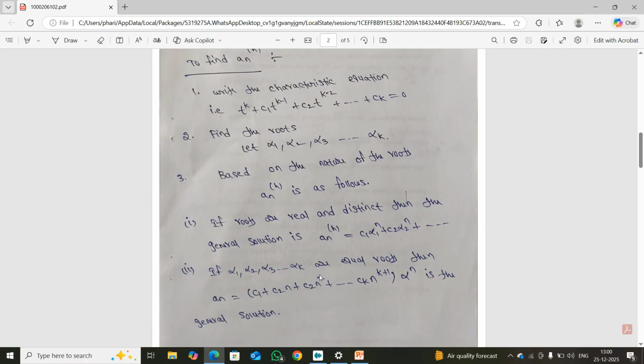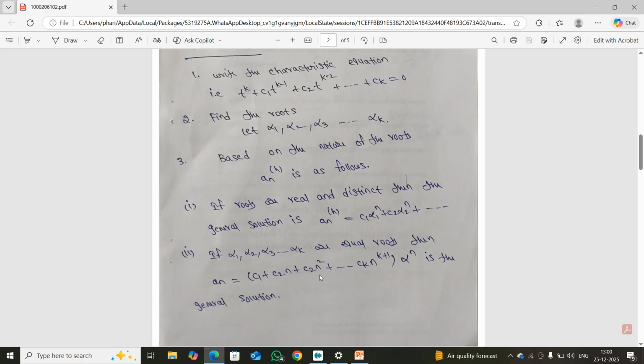Based on the nature of the roots, a_n^(h) is as follows. Based on the roots, you find a_n^(h), the general solution.